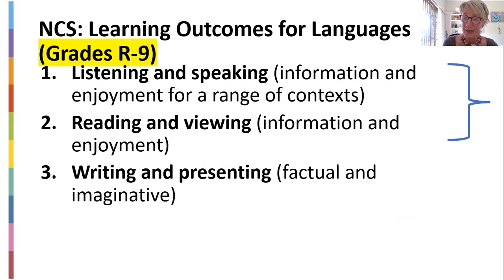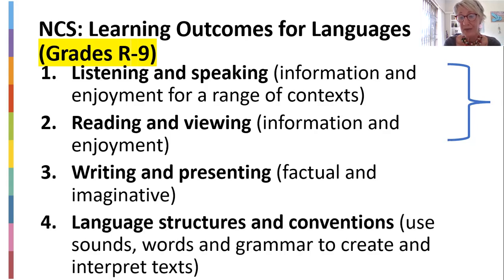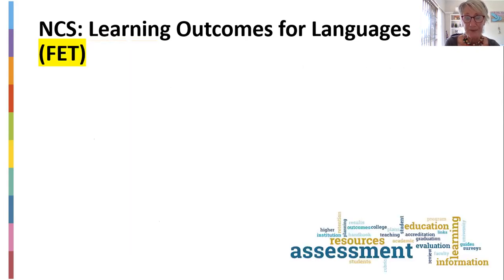Semester 2, we're going to look at writing and presenting, factual and imaginative writing, transactional writing, essay writing, the different kinds and genres we write in, as well as grammar and language structures and conventions, because this is also part of our paper 1 and 2, the grammar paper. So this is also important, but it's only one part of everything else that we are doing, and that'll be in semester 2. We'll be covering the writing and the language structures.